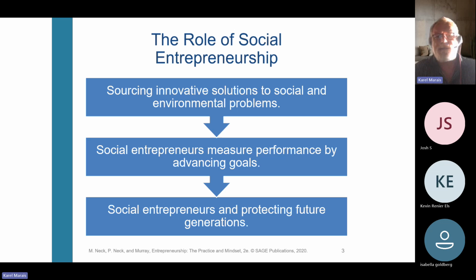It looks at environmental problems that are out there in the world, and it looks at how we can solve these social and environmental problems in one way or another.